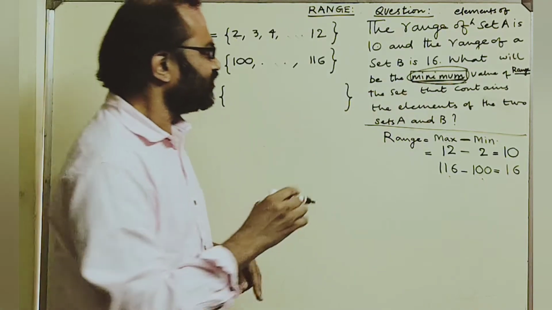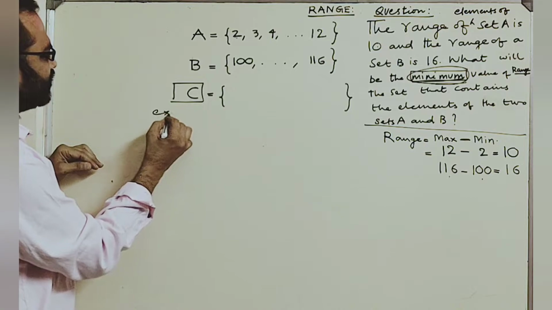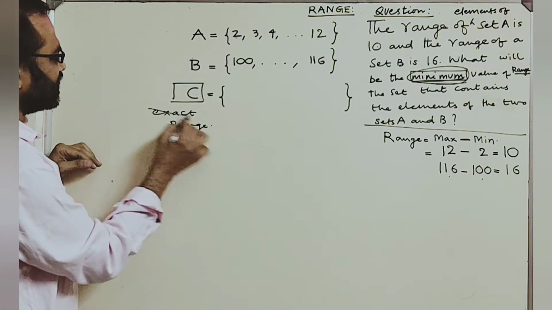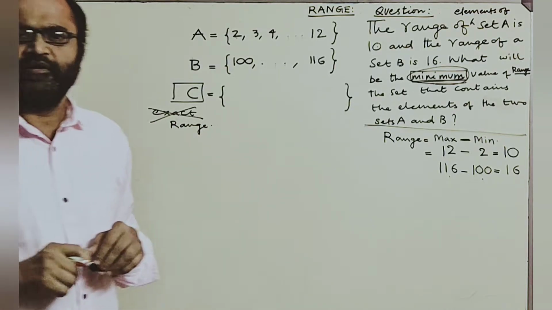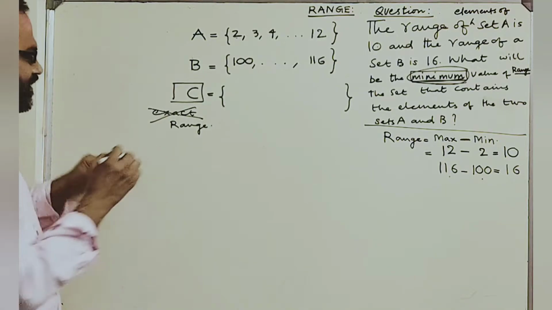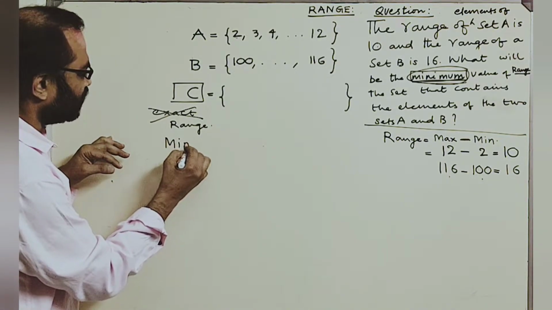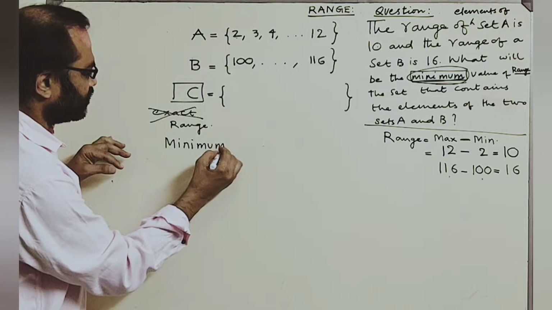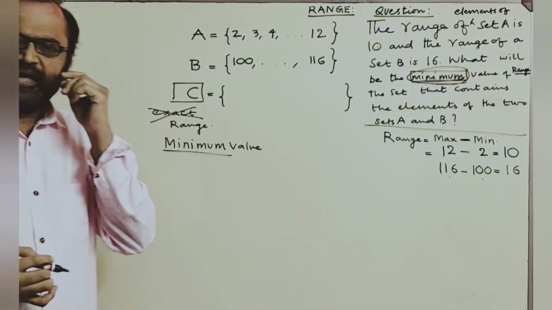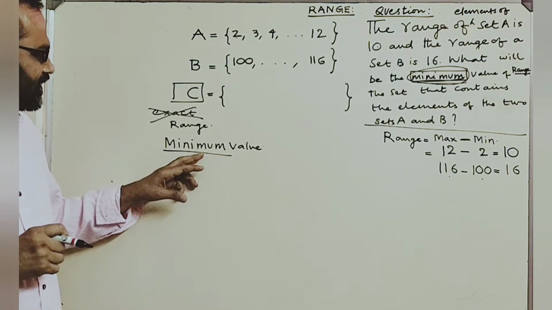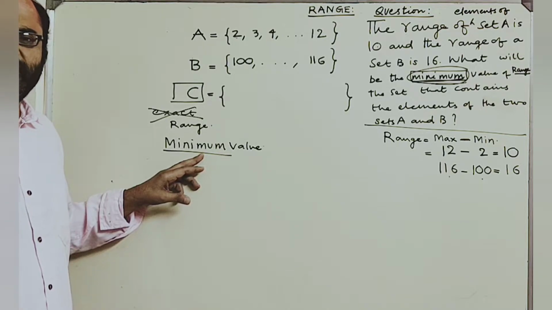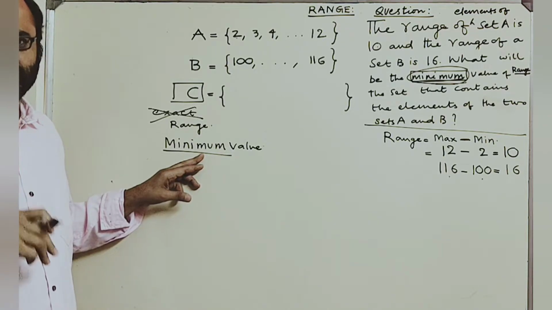We are not finding the exact value of the range of set C. The question is not about that. You are trying to find for the combined set C the minimum value of the range. Please give attention to the exact point in the question. The exact question being asked is finding the minimum value of the range of the combined set C.